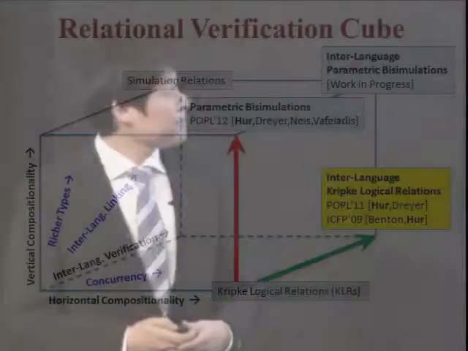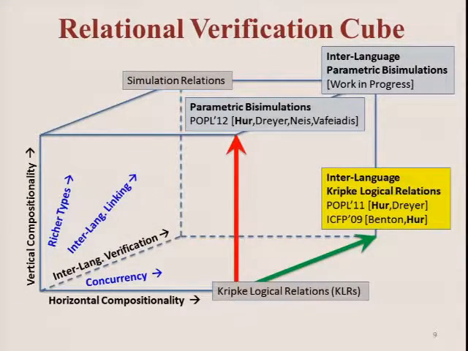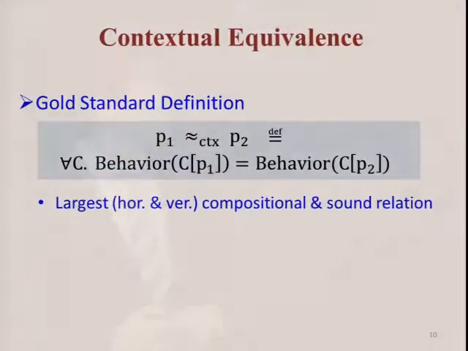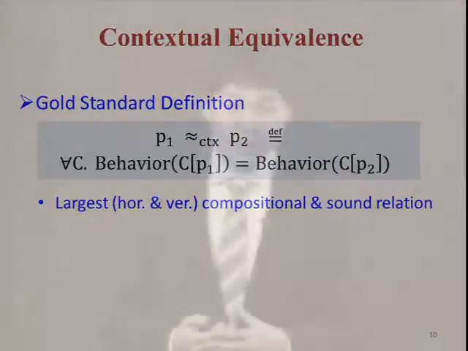Okay, so let me talk about how to generalize Kripke logical relations to support interlanguage verification. To motivate my approach, let me start by talking about the problem of program equivalence in high-level languages.